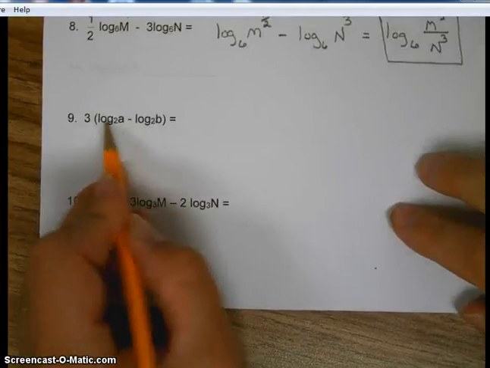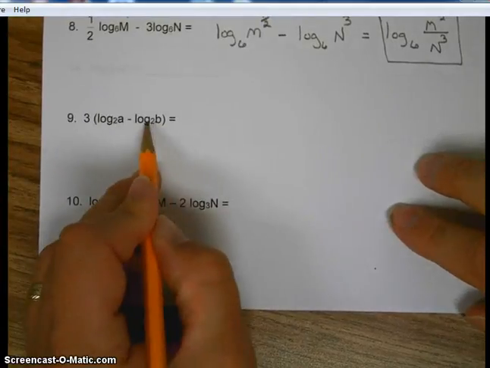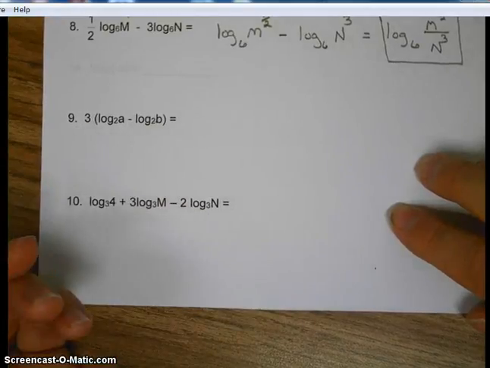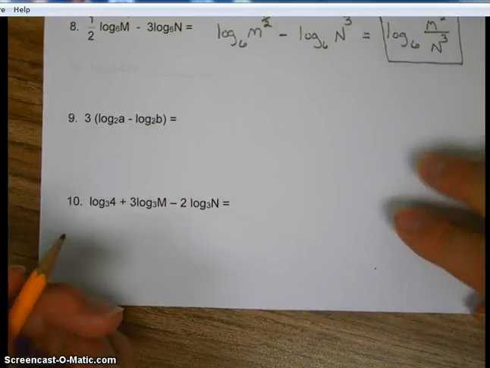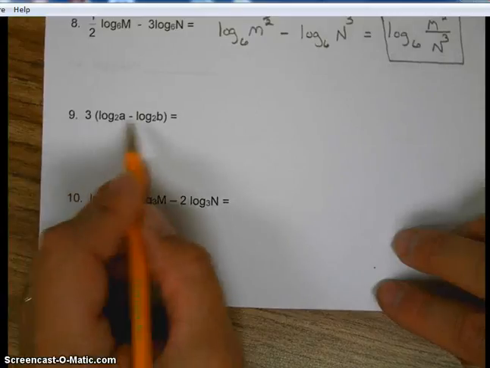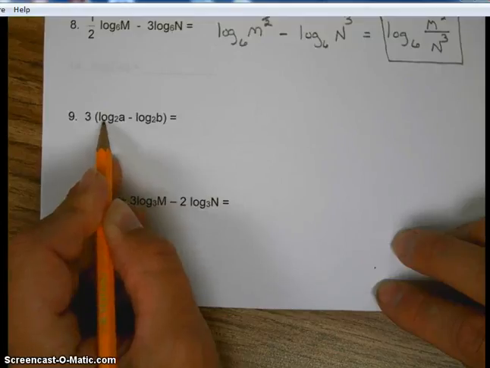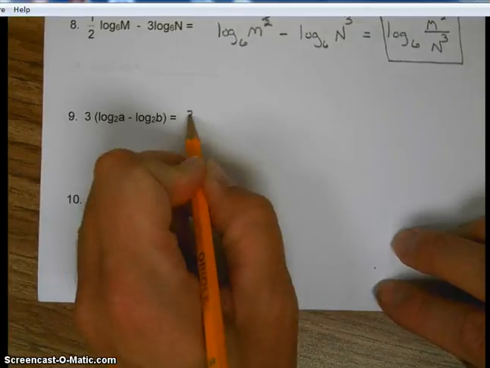Or we could go ahead and do what's in parentheses first and then raise the 3 up on top. So either way is fine. I think, since we are simplifying, we are condensing, I'm going to go ahead and do what's in parentheses first.